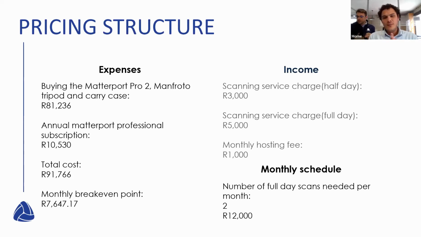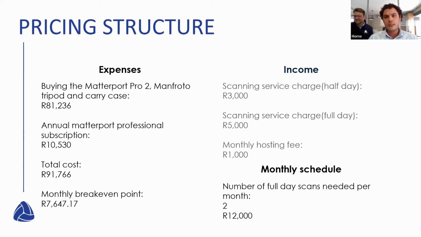Cool. All right. So now looking at a month-to-month breakdown, if we can get to the point where we do 2 scans a month, so if we do 2 jobs a month, we can get past our monthly breakdown for a break even.